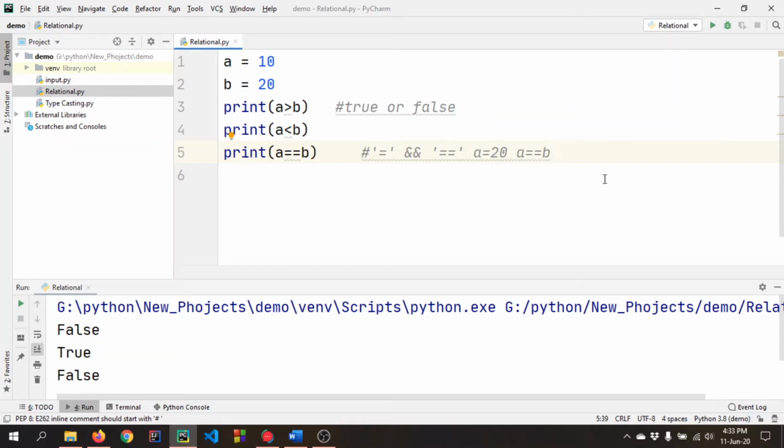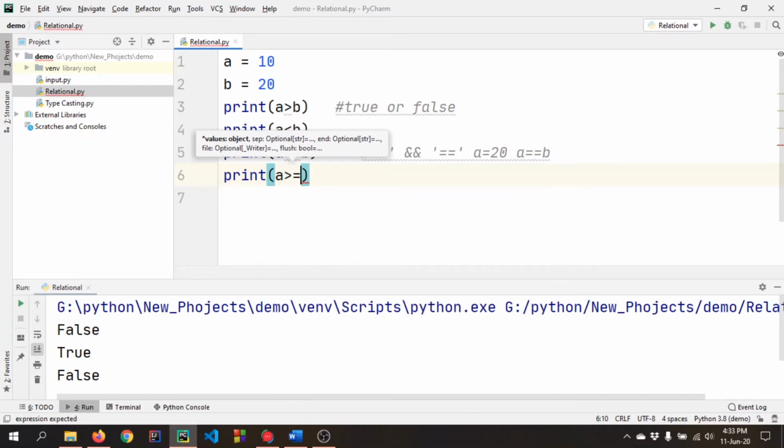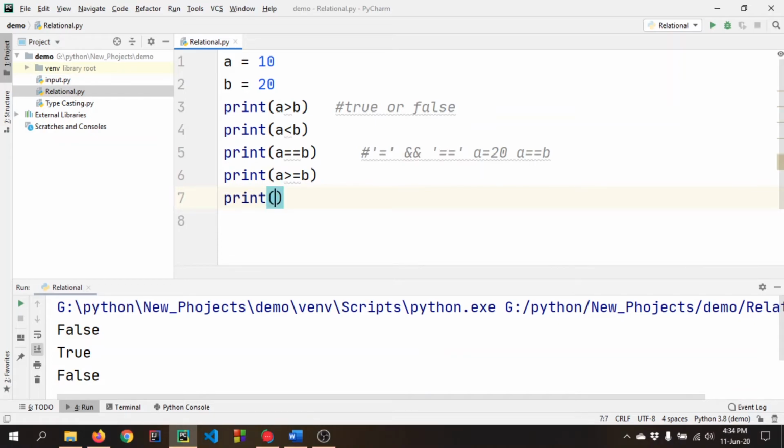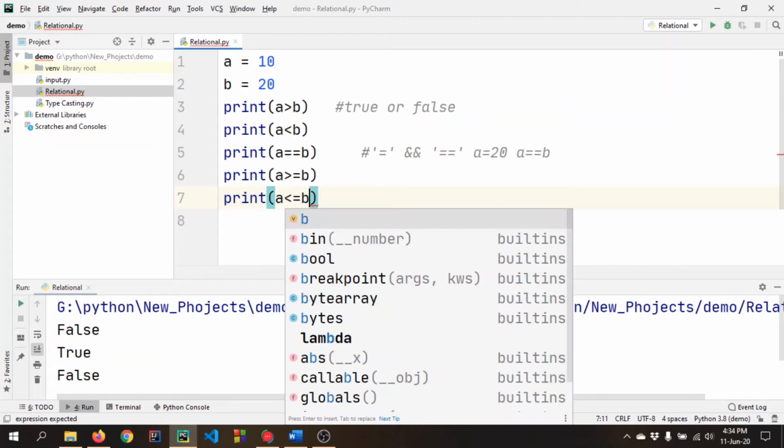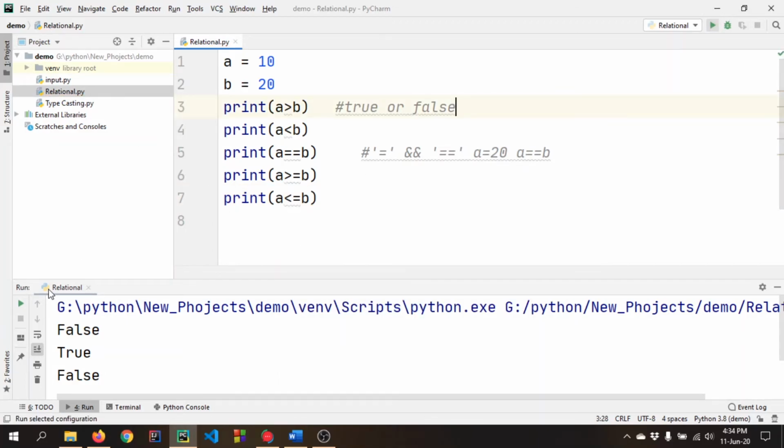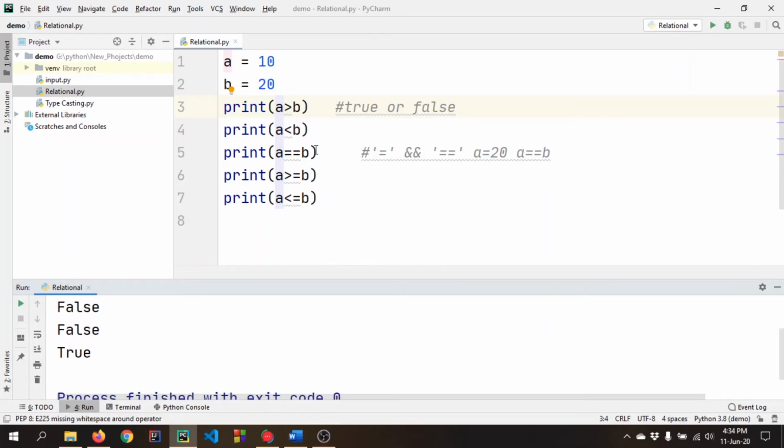And there are other relational operators, which are a greater than or equal to b, and another one is a less than or equal to b. If we run this now, we can see the first one is false because a is not greater than b, the second one is true because a is less than b, the third one is false because a and b are not similar, the fourth one is also false because a is not equal to b or greater than b, and the last one is true because a is smaller than b.